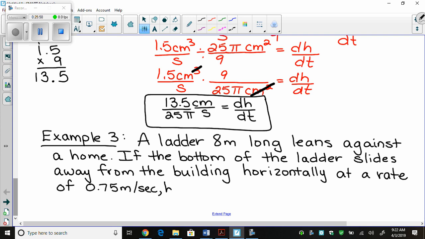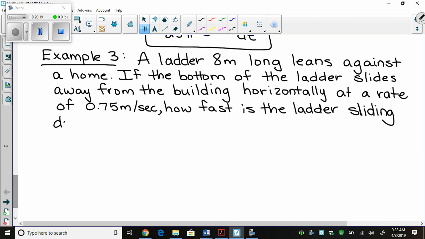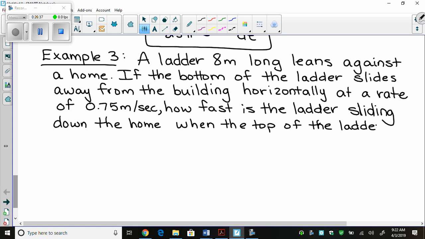How fast is the ladder sliding down the home when the top of the ladder is 5 meters from the ground?